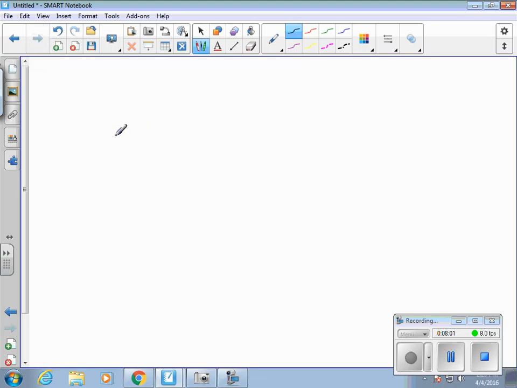Now, saying that though, sometimes they put the variable on the right. You need to know how to rewrite that problem so your variable is on the left.